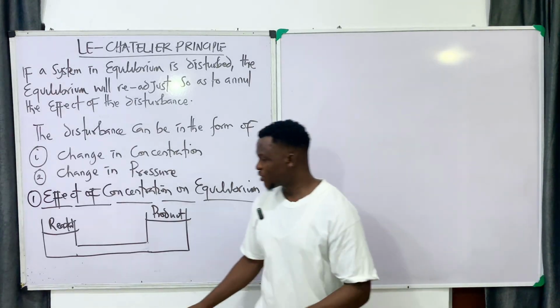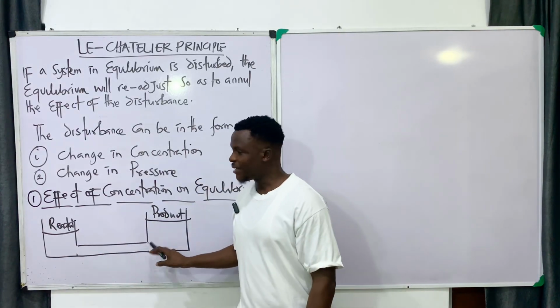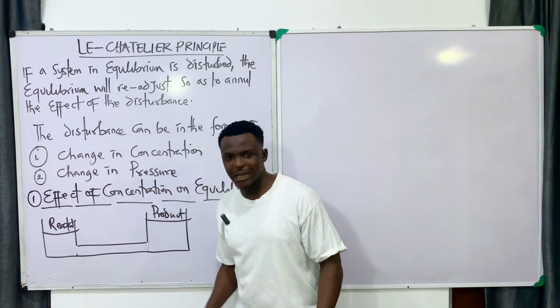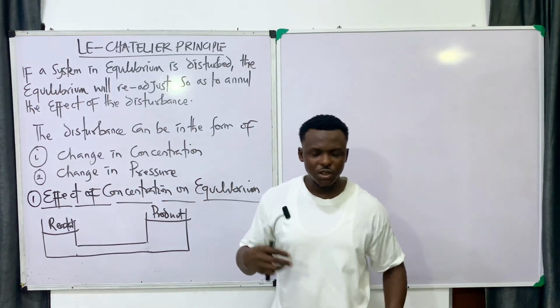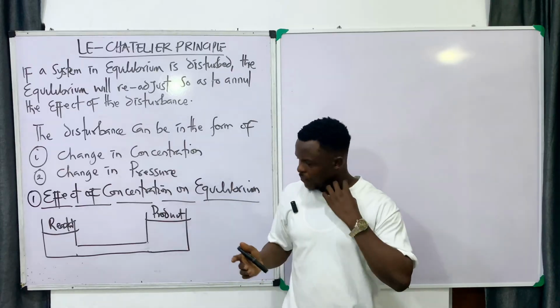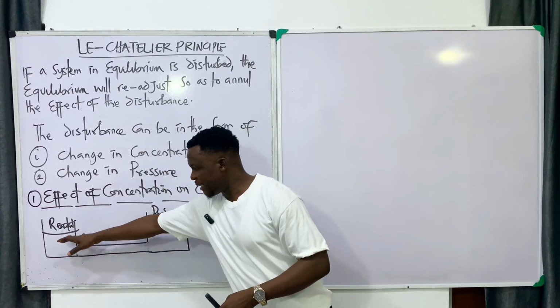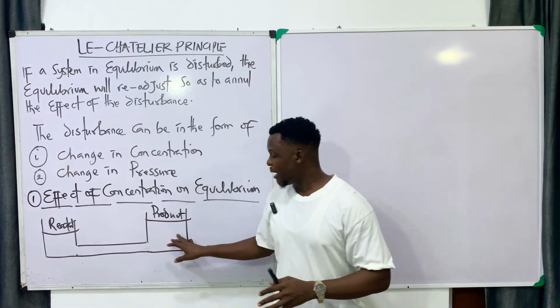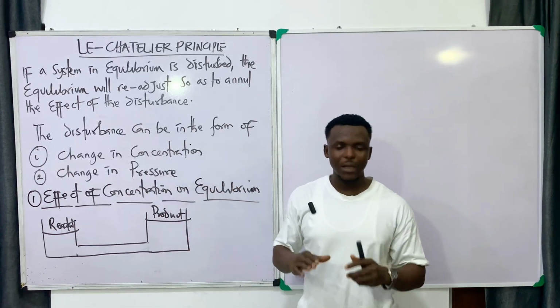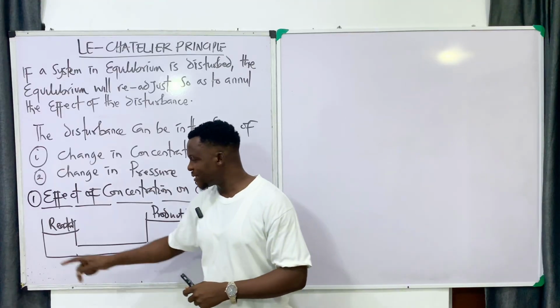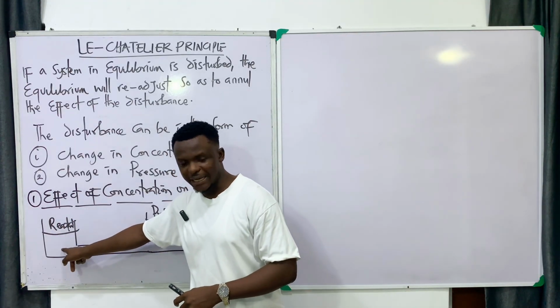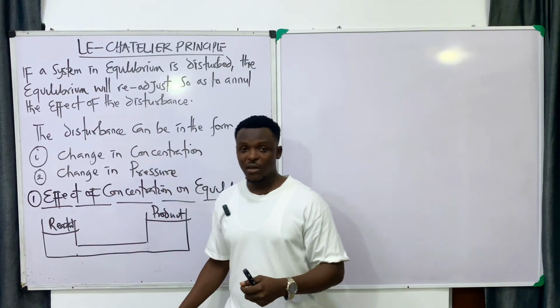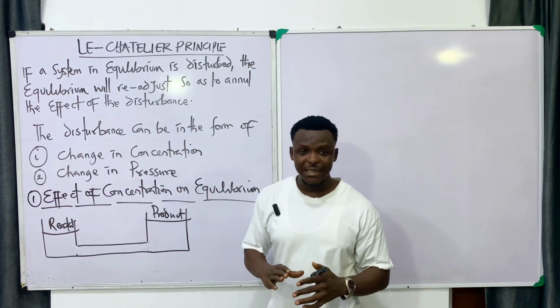This is assumed to be two tanks that are connected to each other at the bottom. Class, you all agree with me, just by mere reasoning, that if you put water here, after some seconds, the water will split itself and be on both sides in equal amounts. So if I empty 10 liters of water on one of these sides, after some seconds, the 10 liters of water will share itself into two.